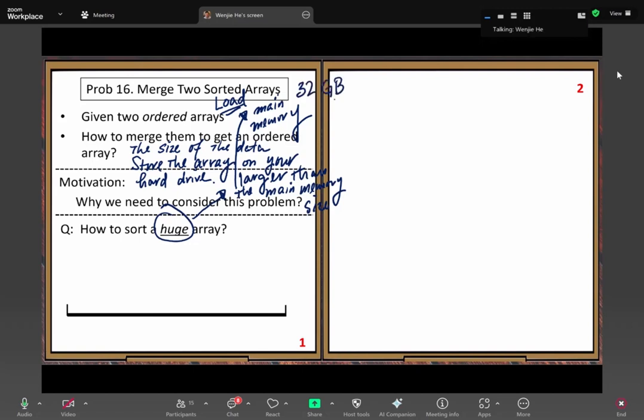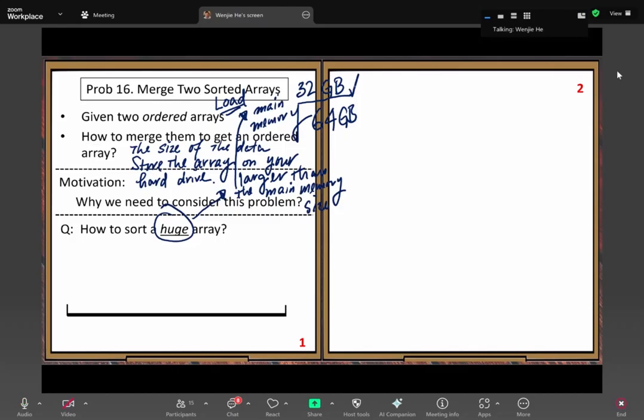Not hard drive. Here I'm talking about the main memory. Or 64. That's really big. 32 already pretty good. So 32, 64 gig. That size.